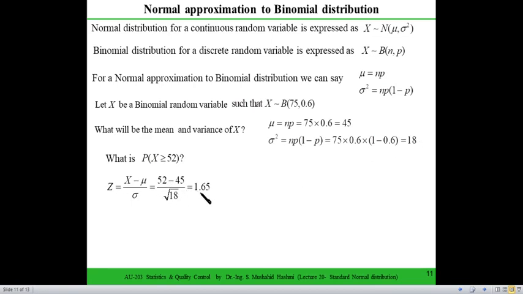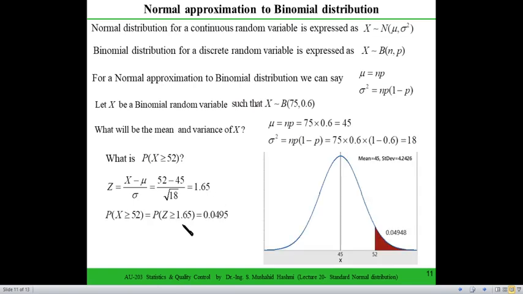So the corresponding value of z comes out to be 1.65. So corresponding to z greater than 1.65, I got this area. From the table, the probability of z greater than 1.65 would be 1 minus the probability of z less than 1.65, so 1 minus 0.9505, the value we get from the table.